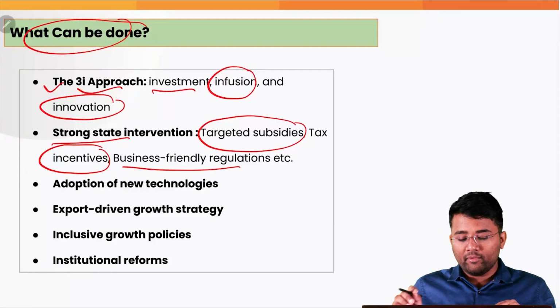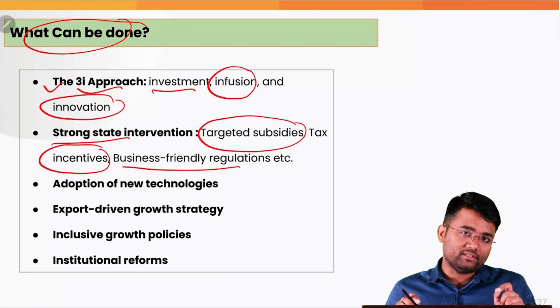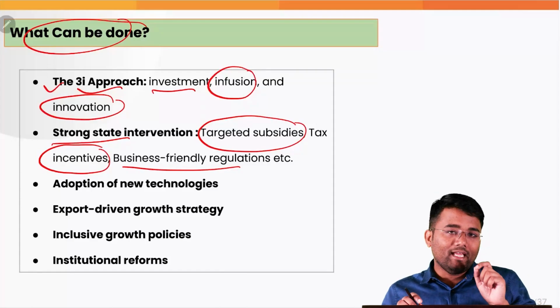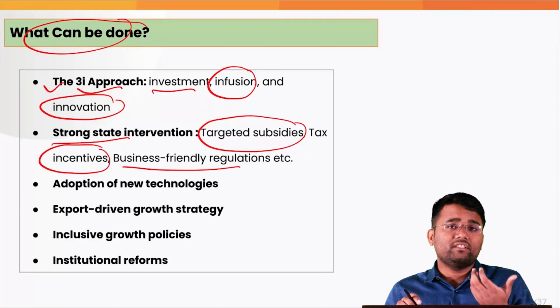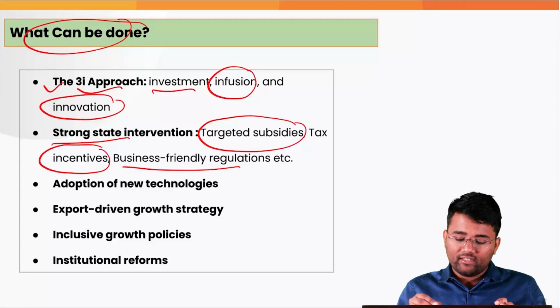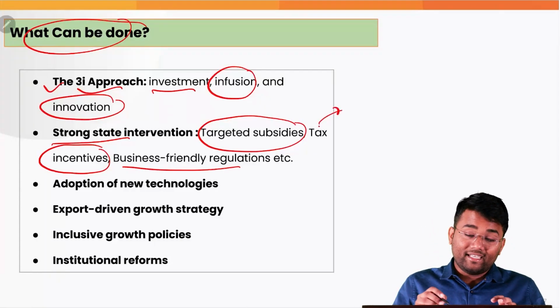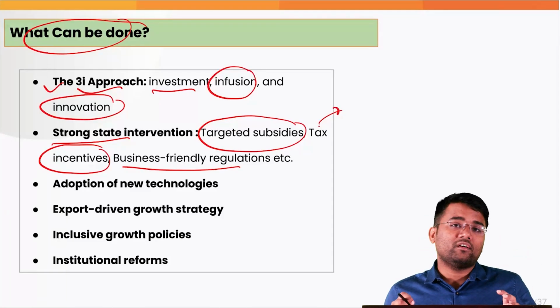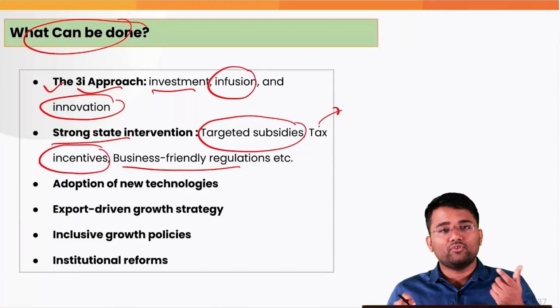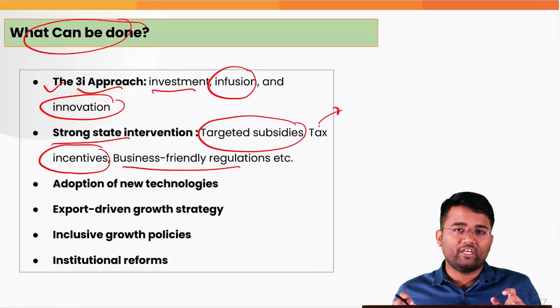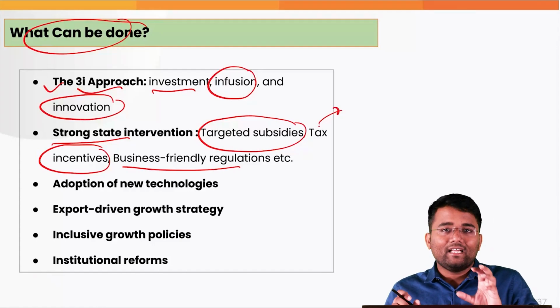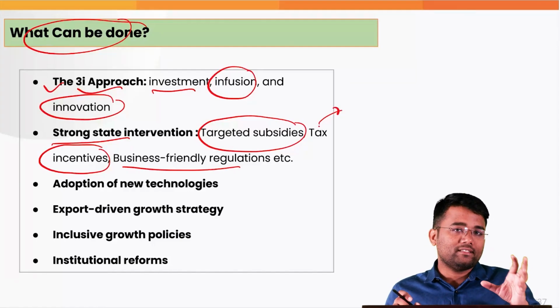Also, there might be more business friendly regulations, so that these companies can comply with these regulations better. For example, the production linked incentive scheme, or the tax benefits with regard to several subsidies or incentives being provided for the corporate tax, etc. Those are some of the measures by the government in this line.